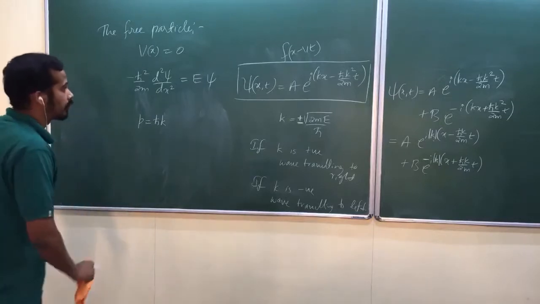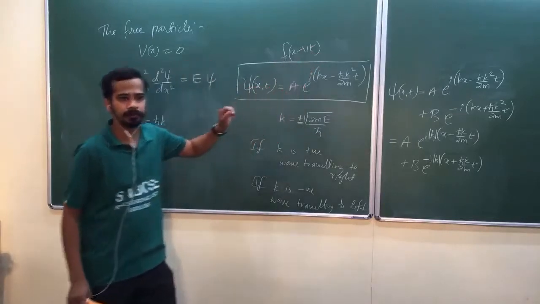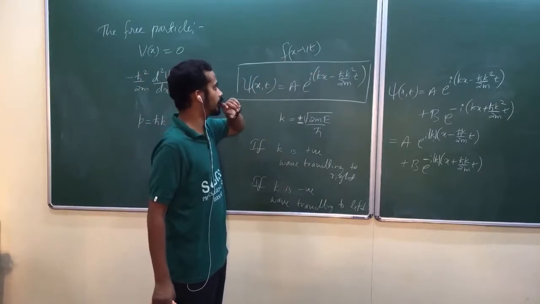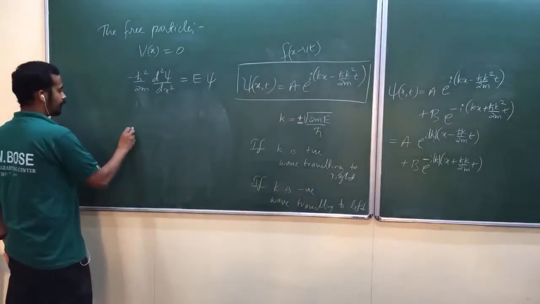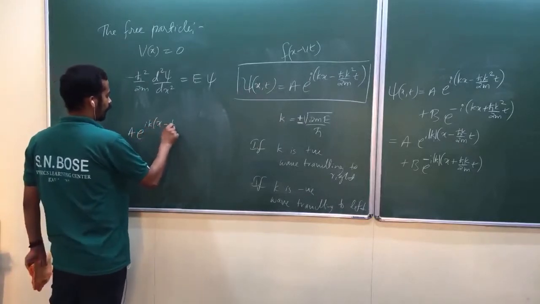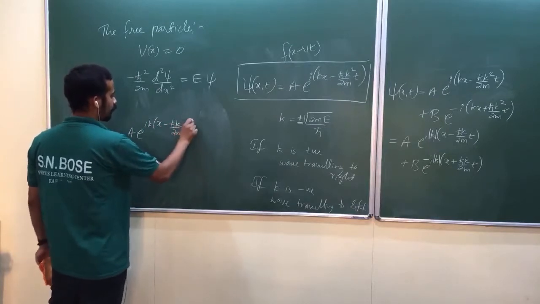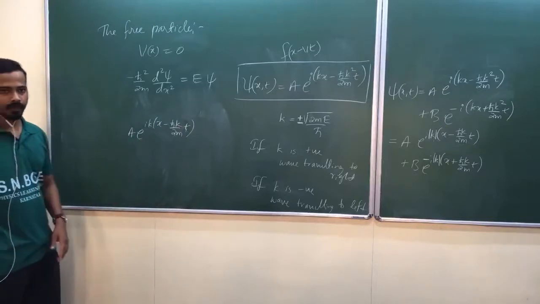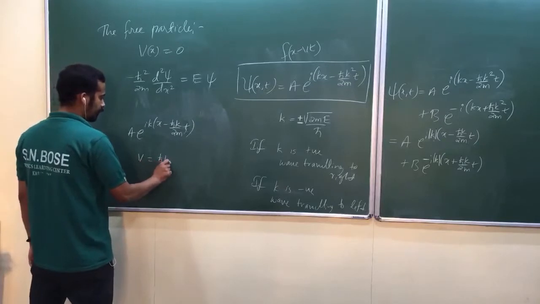Now observe one thing. If this is a function of x minus vt, are you getting my point? If you feel this as a function of x minus vt, what is v here? Suppose a e power i k outside x minus h bar k by 2m into t. Am I right? x minus v into t. So now what is v here? h bar k by 2m.